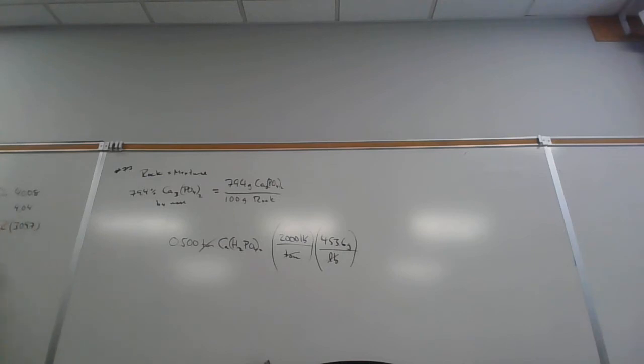How many oxygens? 8. That would be 8 times 16.00. So I'm going to get 40.08 plus 4.04 plus 2 times 30.97 plus 8 times 16. 234.06. Is that what you guys got?